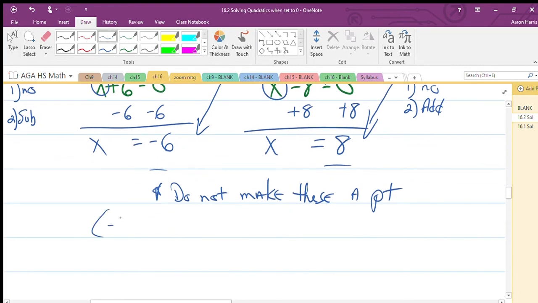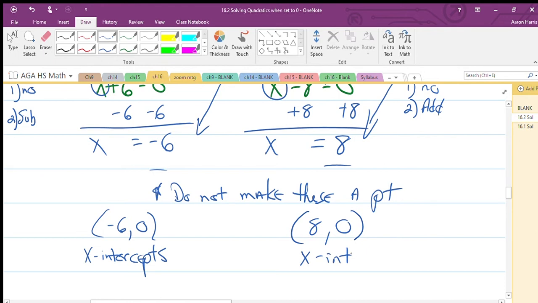Okay, so -6, 0 and 8, 0. You already know that these are what? X intercepts. X intercepts cross what? That's right, the x-axis. I'm going to keep drilling that in, okay?